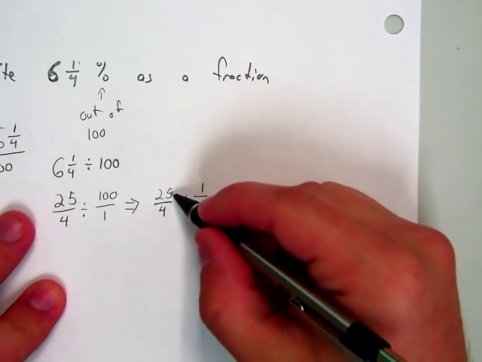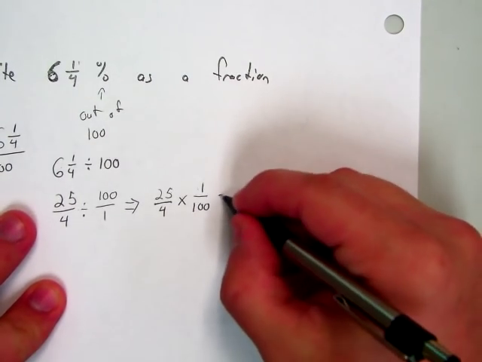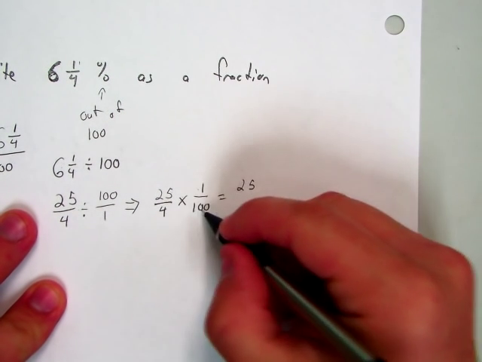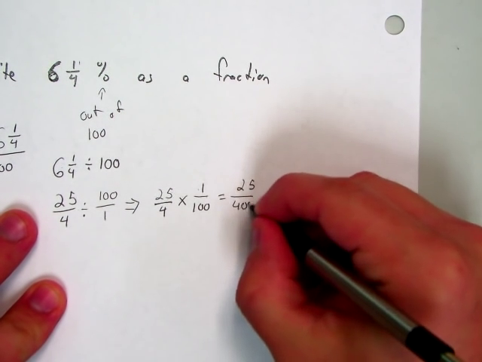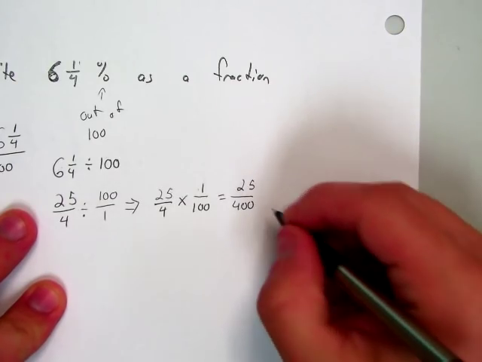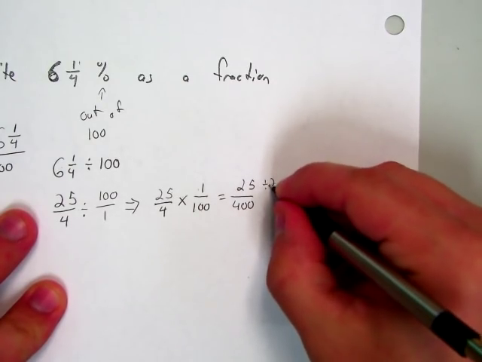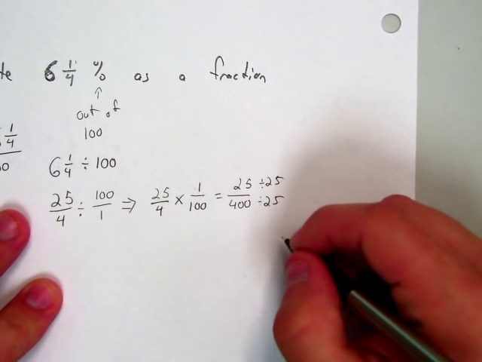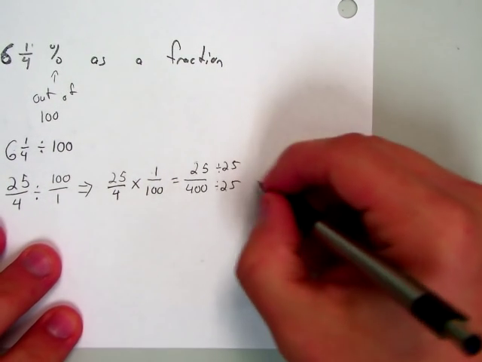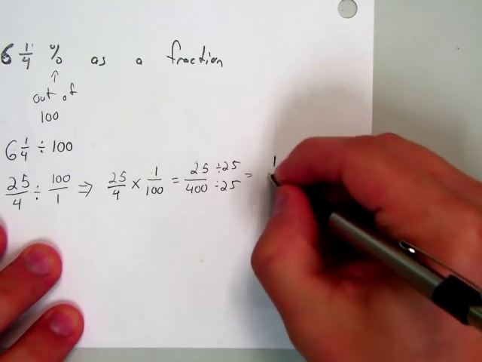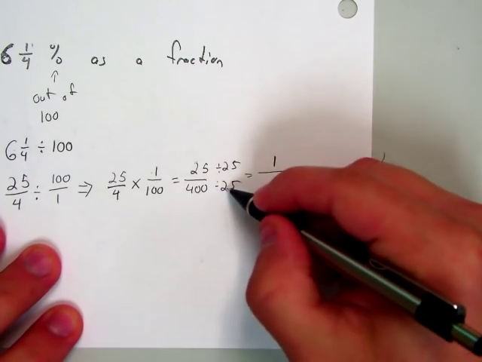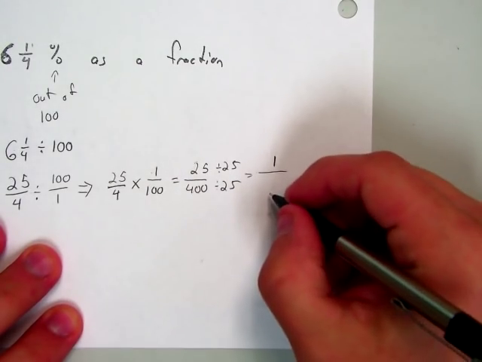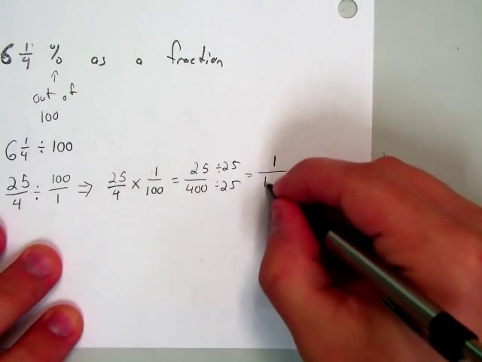Otherwise, follow along. 25 times 1 is 25. 4 times 100 is 400. There is a common factor of 25. So if I do 25 divided by 25, that is going to be 1. 400 divided by 25 is going to get me 16.